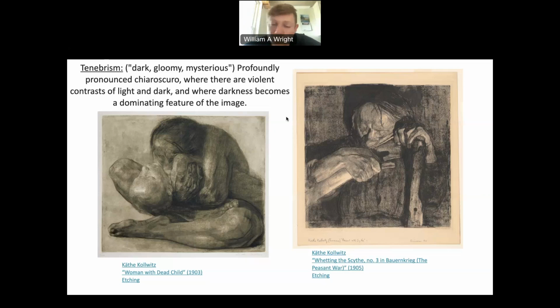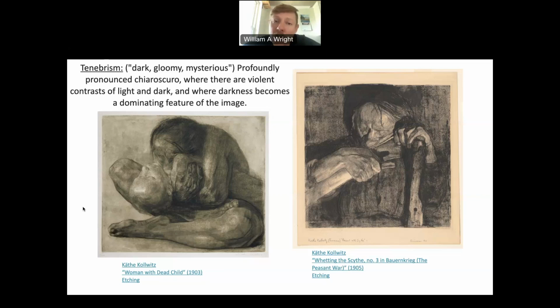So tenebrism is a concept where there is profoundly pronounced chiaroscuro, profoundly pronounced value. There are violent contrasts of light and dark. What's lit is often really brightly lit, and then what's dark is very dark and sort of overcome. A lot of times this is spot lit, so there's a splash of light, and then everything else is sort of fading into darkness.